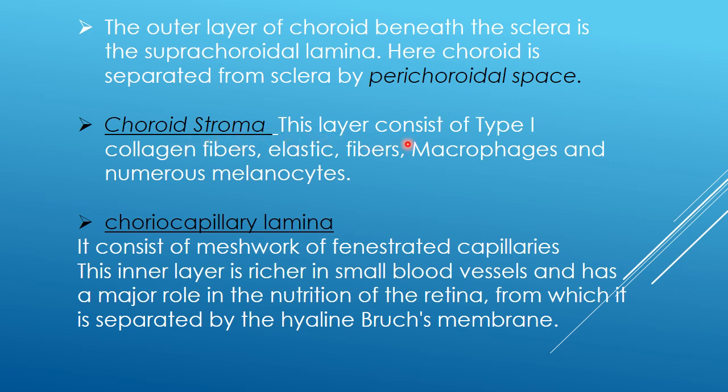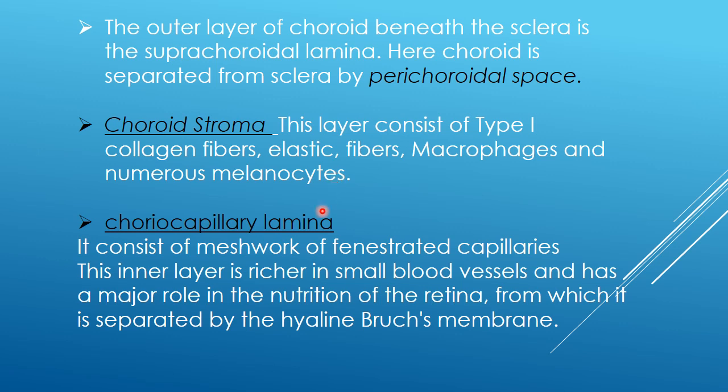This layer consists of type 1 collagen fibers and elastic fibers. Along with that, there are macrophages and numerous melanocytes in the stroma of the choroidal layer. This layer also has the main arteries and veins of the choroid, which run in this choroid stroma.